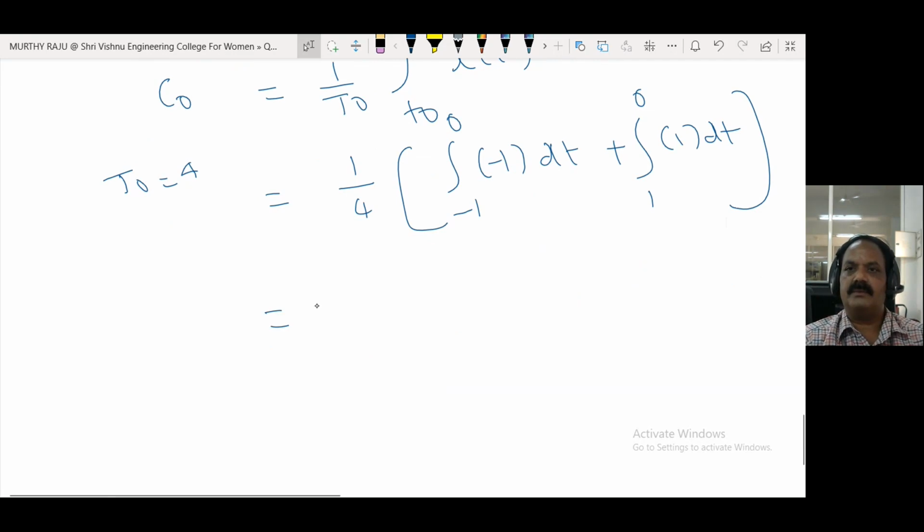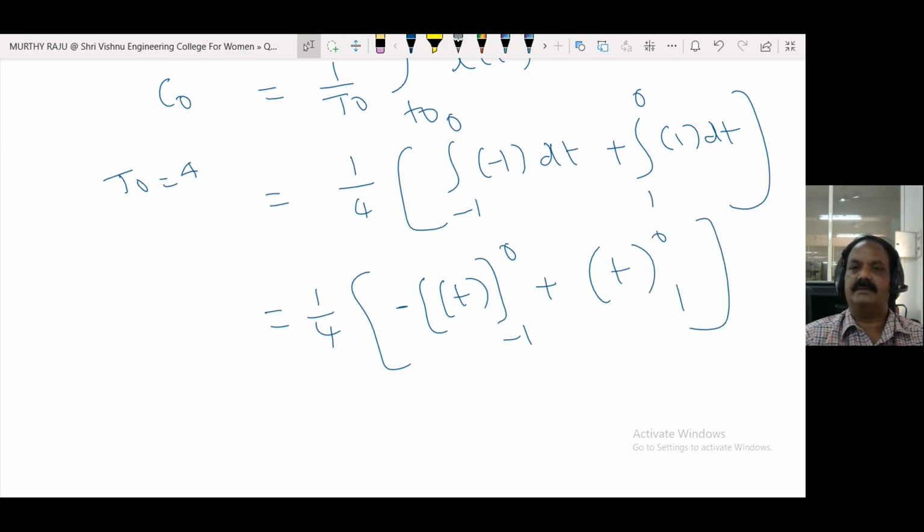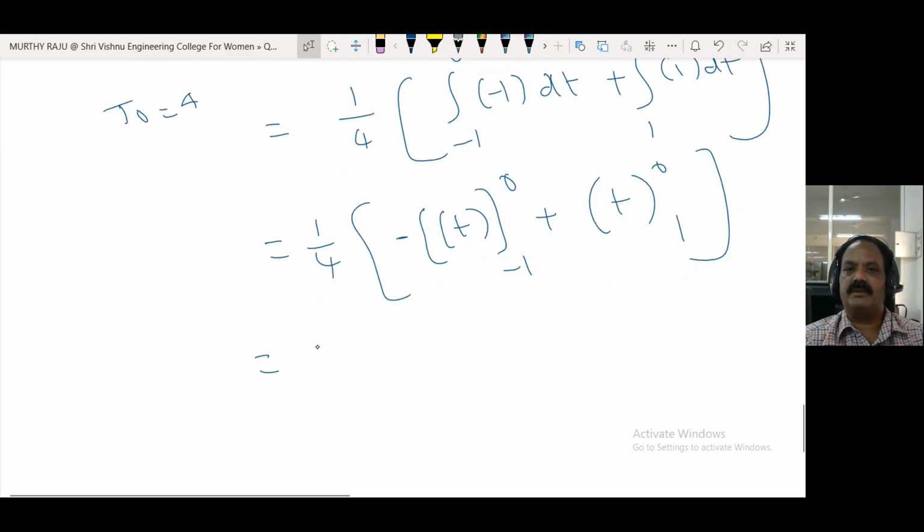That is equal to 1 by 4. Here the minus sign is brought out: t from minus 1 to 0, and t from 0 to 1. Substitute: 1 by 4 minus 0. Here t is equal to minus 1, minus or minus plus 1, that is 0.